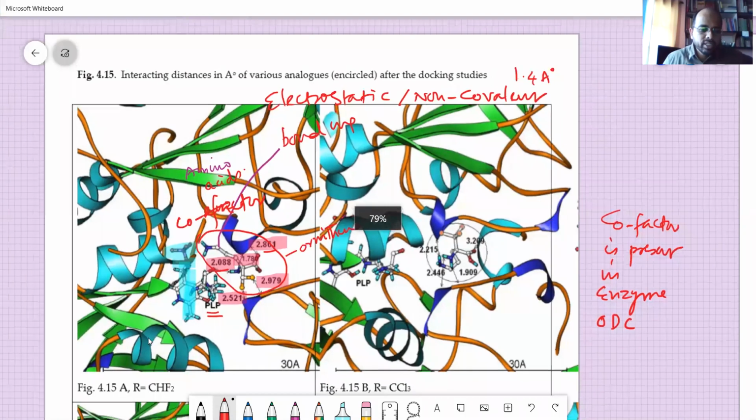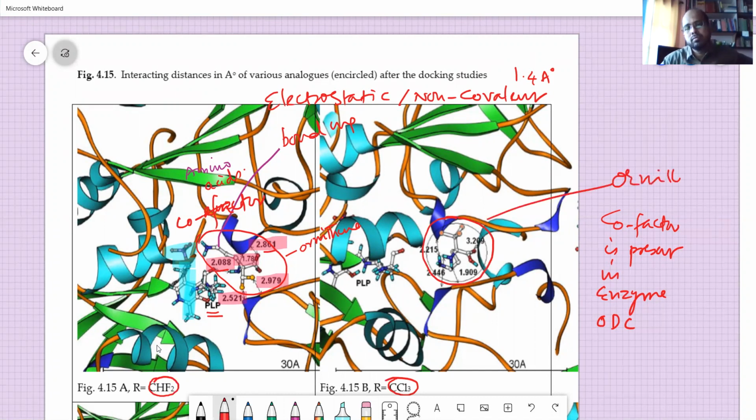So the drug goes there, and this is for the CH2F derivative, and this is for the CCl3 derivative. You can see this is ornithine. This is PLP, and this is the enzyme.